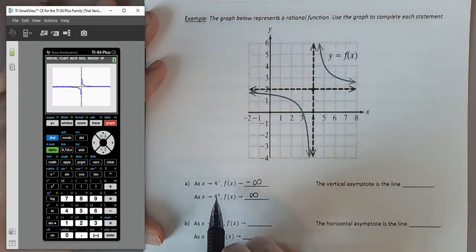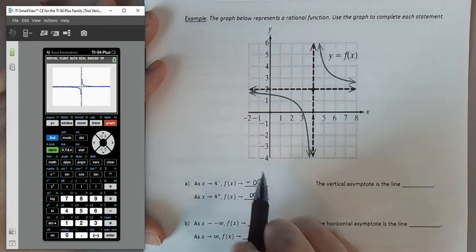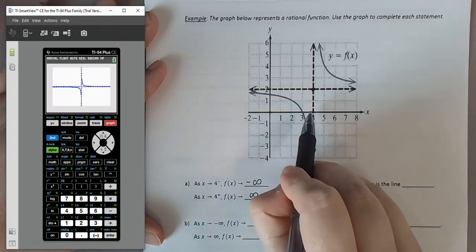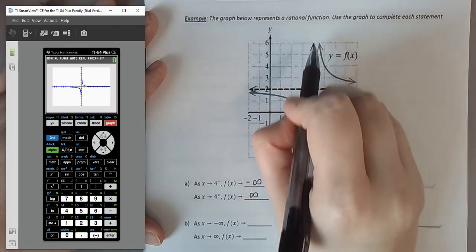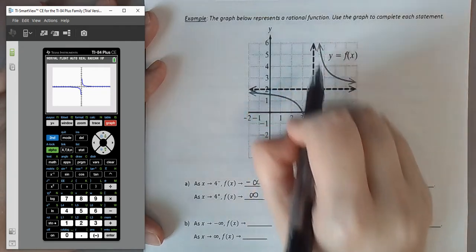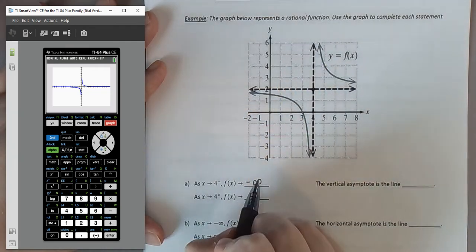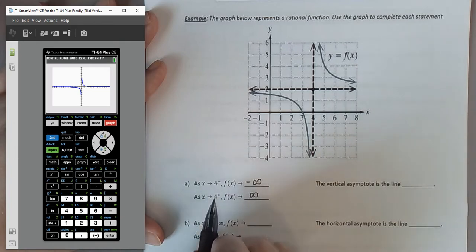Now something special is happening at 4. Notice on either side we're either getting really, really big and negative or really, really big and positive. This location, x equals 4, represents the location of our asymptote. So it's not a coincidence that we have infinite behavior around this x value.